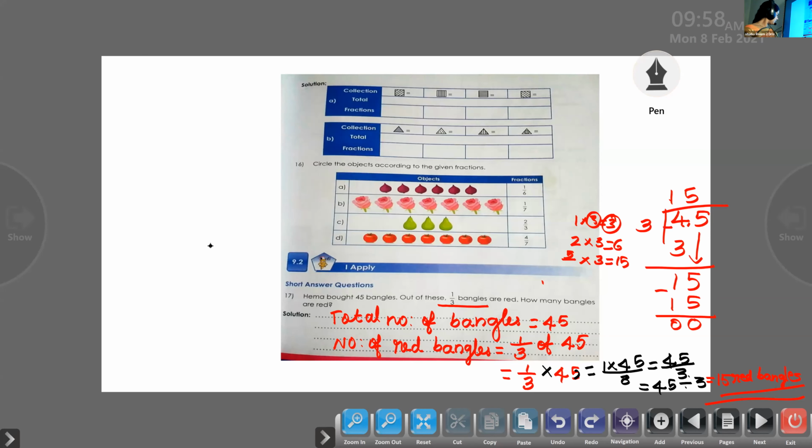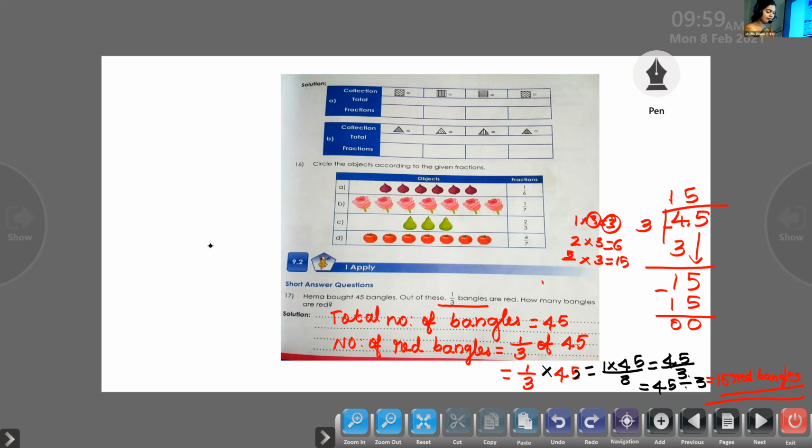Read question number 18. Shravya purchased 16 ice creams, of which 1 by 4 are of vanilla flavor.